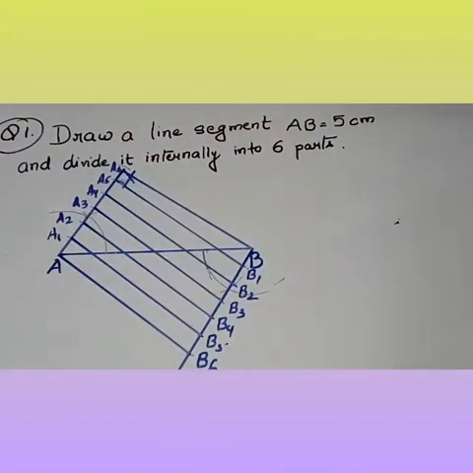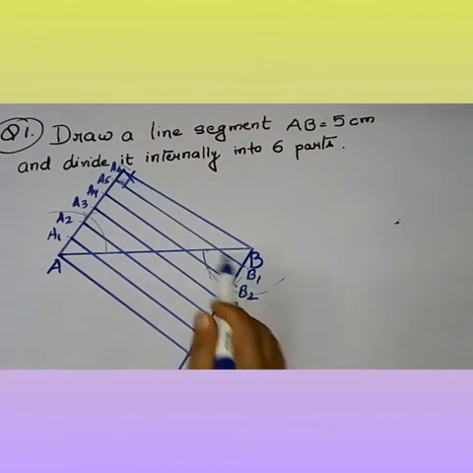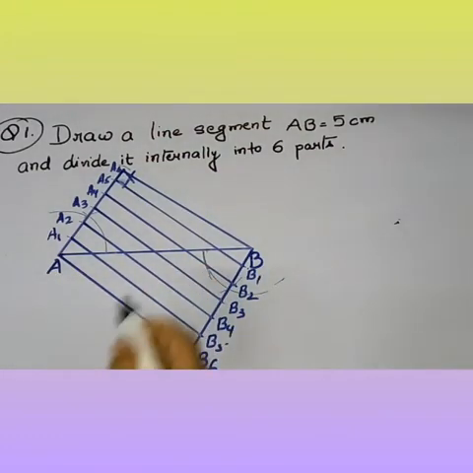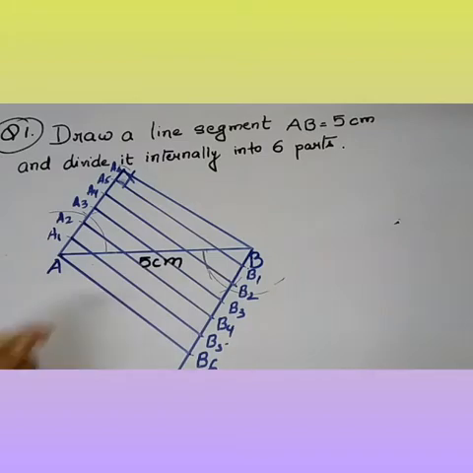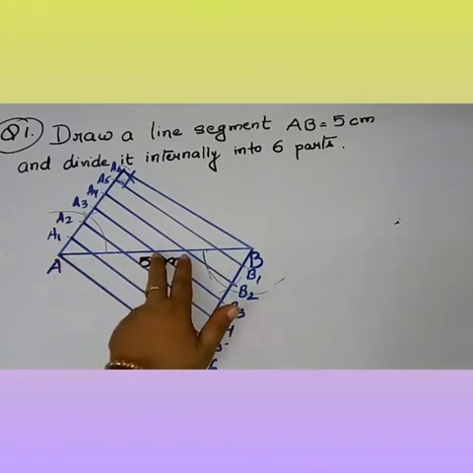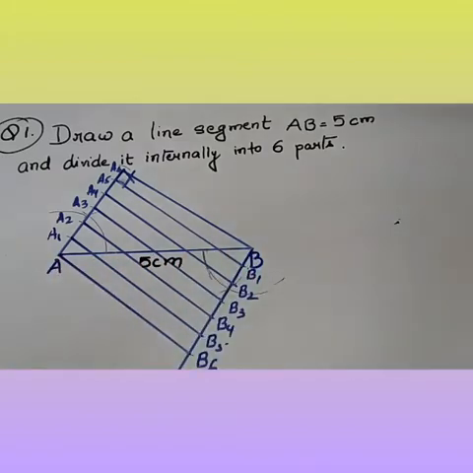Now we have got 6 equal parts of this line AB. This is of 5 centimeter, and we are getting 6 equal parts of this AB. This is one part, second part, third part, fourth part, fifth part, and sixth part.